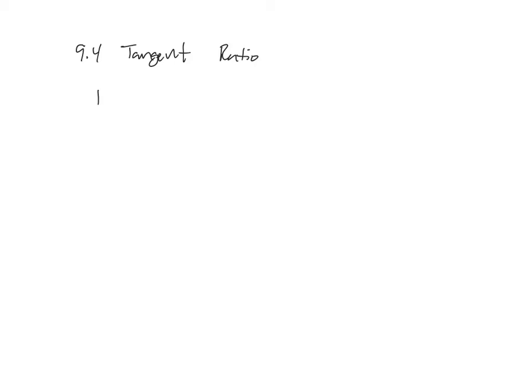The tangent ratio, which we always abbreviate and just say tan, equals the opposite side over the adjacent side. We still have the hypotenuse, but tangent doesn't use it.